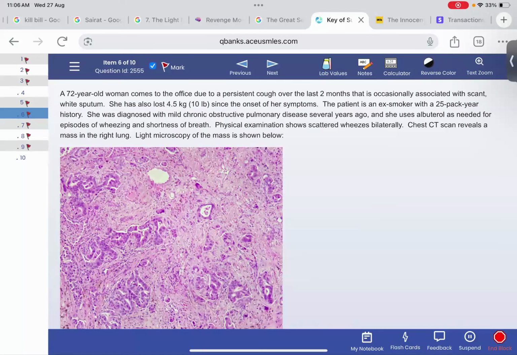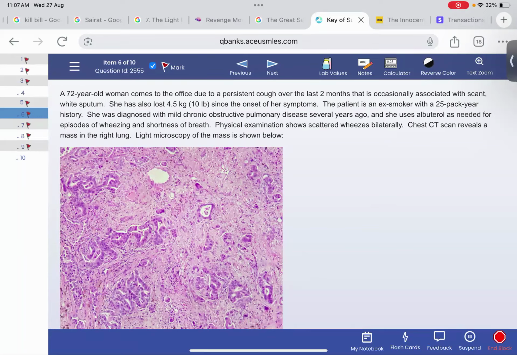The patient is an ex-smoker with a 25 pack-year history. She was diagnosed with mild chronic obstructive pulmonary disease several years ago and uses albuterol as needed for episodes of wheezing and shortness of breath. Physical examination shows scattered wheezes bilaterally.